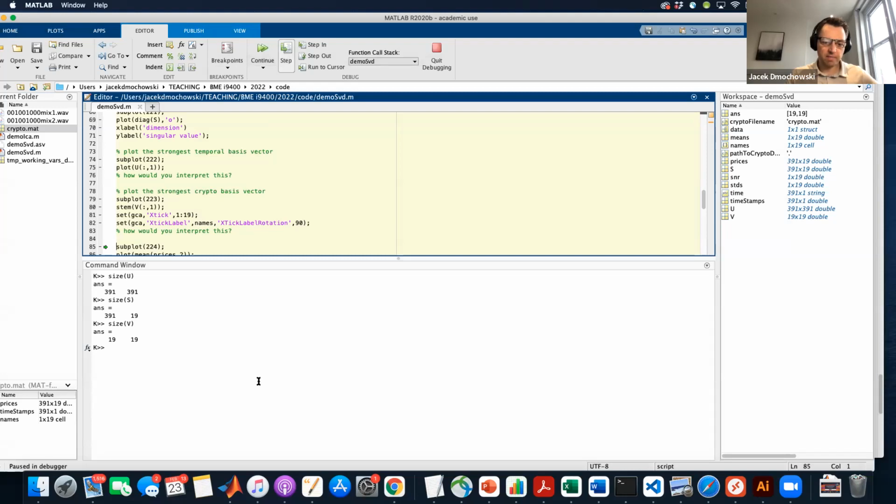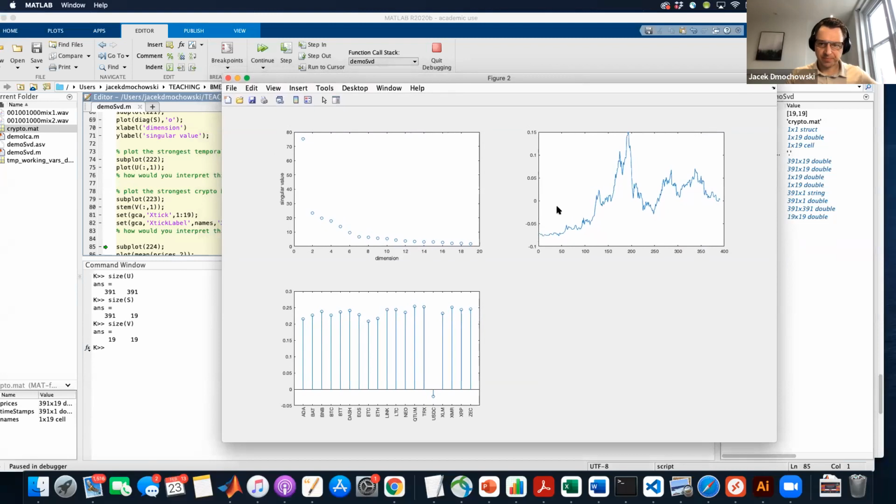So this is my first temporal basis vector, and this is my first currency basis vector. They are associated with the first singular value. This is the first mode of our data.